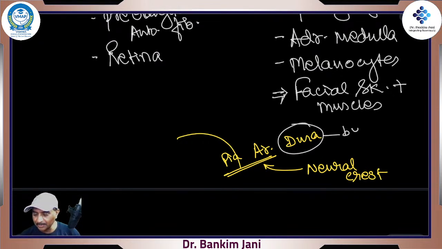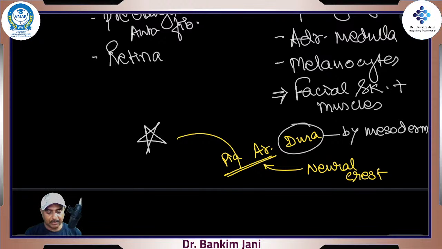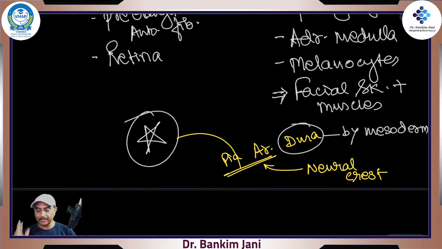Putting a star because you must remember this thing very properly. Neural tube forms the brain tissue; its covering, pia matter and arachnoid matter, is by the neural crest; and the most outer one, which is for the protection, toughness, durable, dura, that is by mesoderm, right? Very clear.